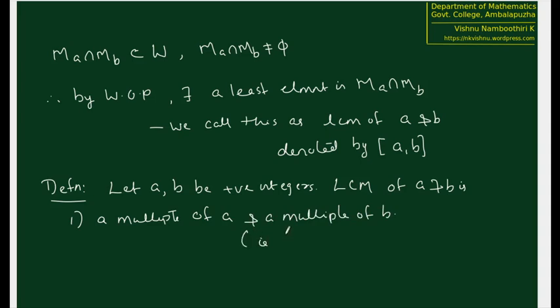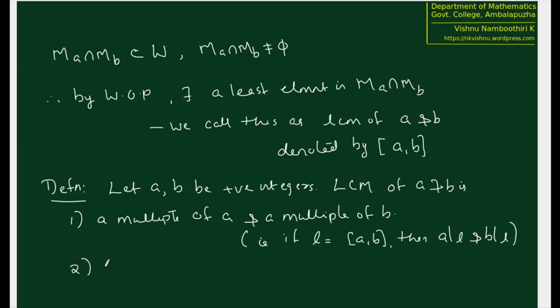That is, if L equals the LCM of a and b, then L is a multiple of a and b, meaning a divides L and b divides L. This is the first condition.